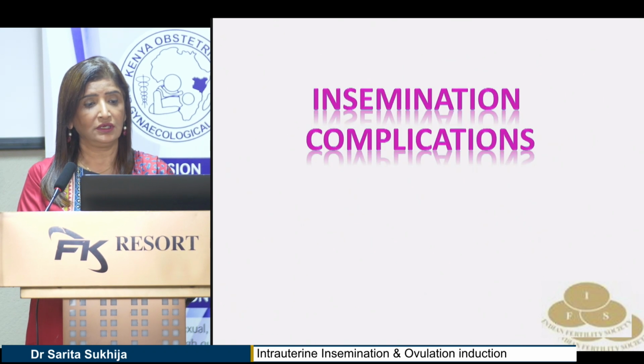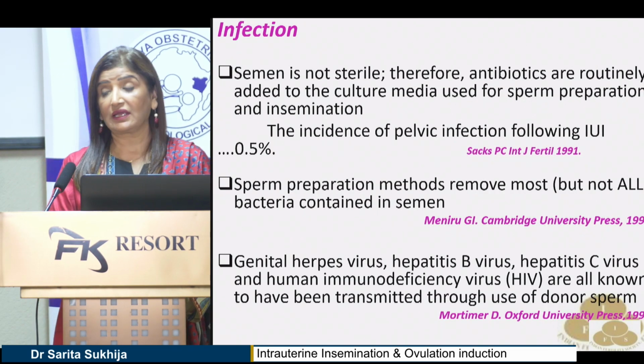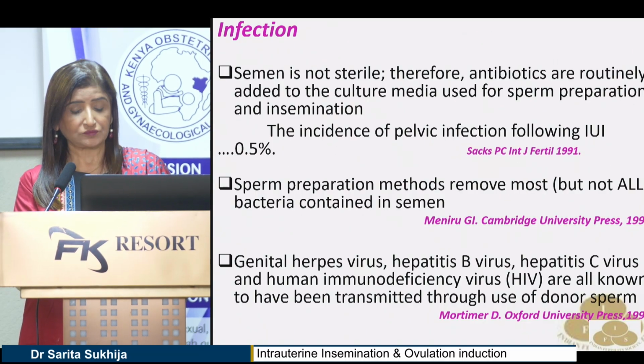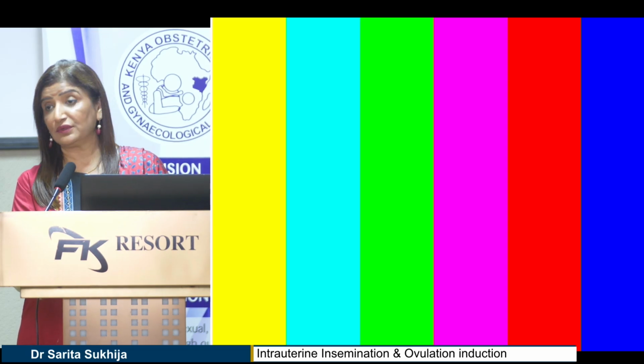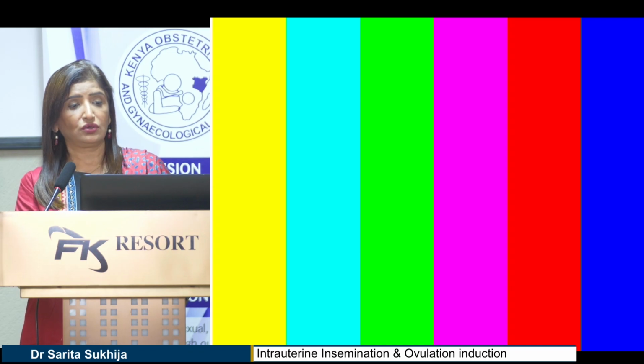Insemination complications: there can be a little pain, and there can be infection if proper precautions are not taken during insemination. Then there can be laboratory errors, spillage, mixing, wrong labeling. All these things need to be taken care of.